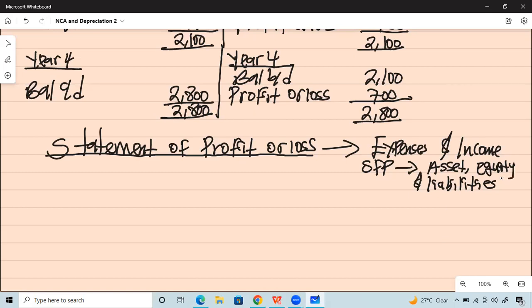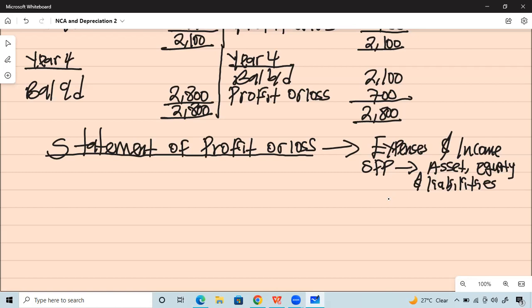So your income and expenses will be in your statement of profit or loss, while your asset, your equity, and liability are going to be in the statement of financial position.